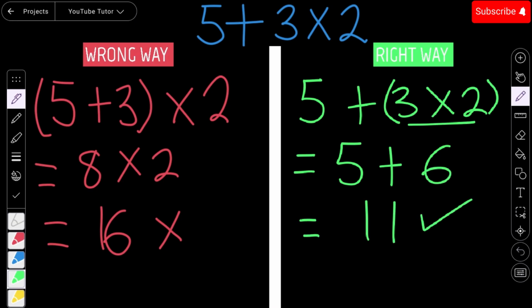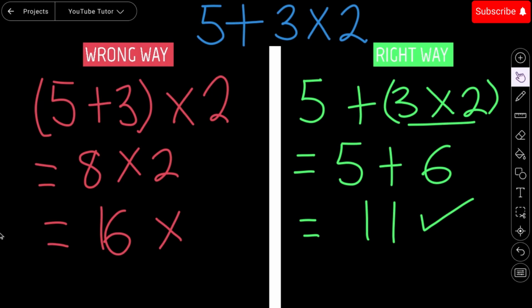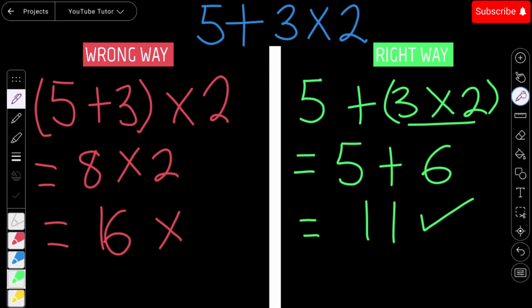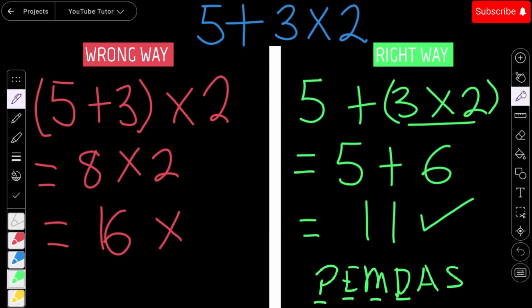The reason being that in the wrong one, we added here before we multiplied. And that defies the law of what we call PEMDAS. PEMDAS basically stands for parentheses, exponent, multiplication, division, addition, and subtraction.